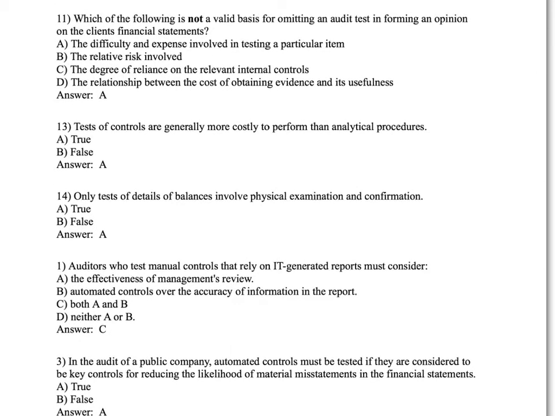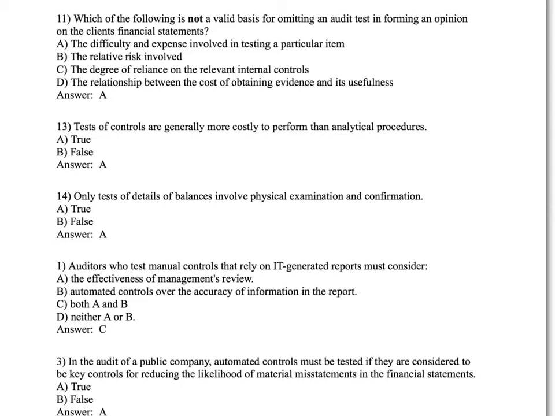So number 11, which of the following is not a valid basis for omitting an audit test informing an opinion on the client financial statements? A, the difficulty and expense involved in testing a particular item. So you can't just not test something because it costs too much or it's difficult to perform. You can think about alternatives.